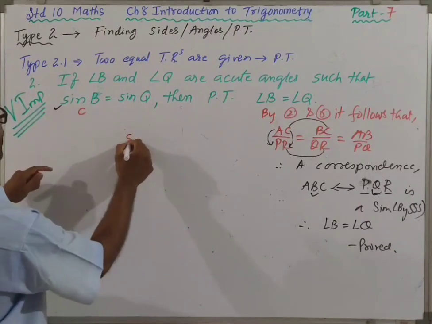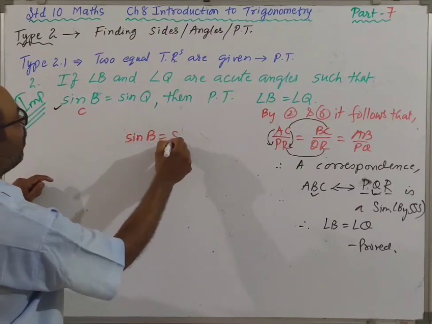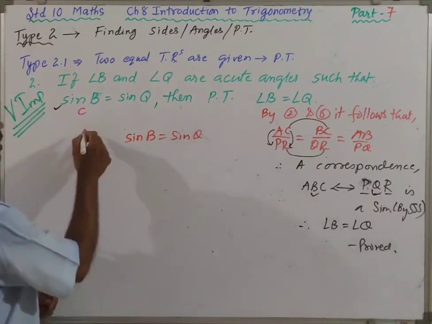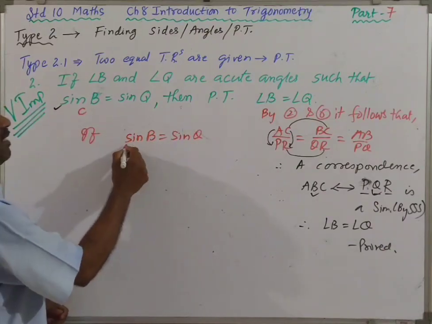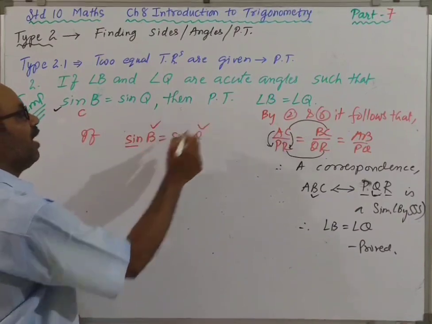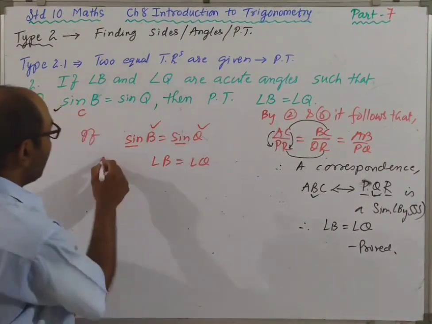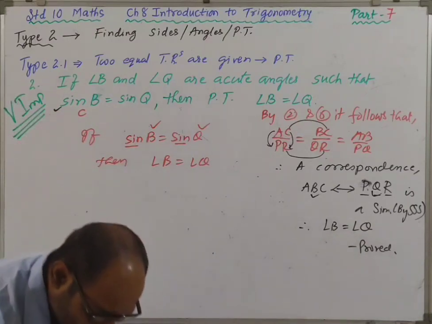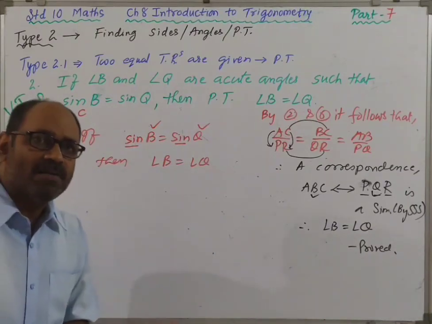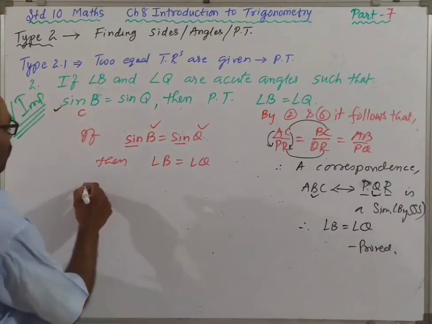See, sin B is equal to sin Q. If sin B is equal to sin Q, ये sin sin, तो ये दोनों एंगल इक्वल होना चाहिए. So angle B equal to angle Q. That is same for remaining 5 trigonometric ratios also.